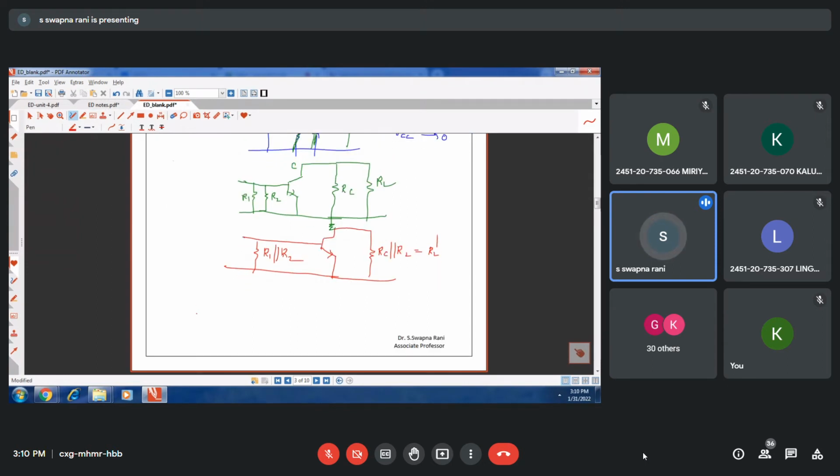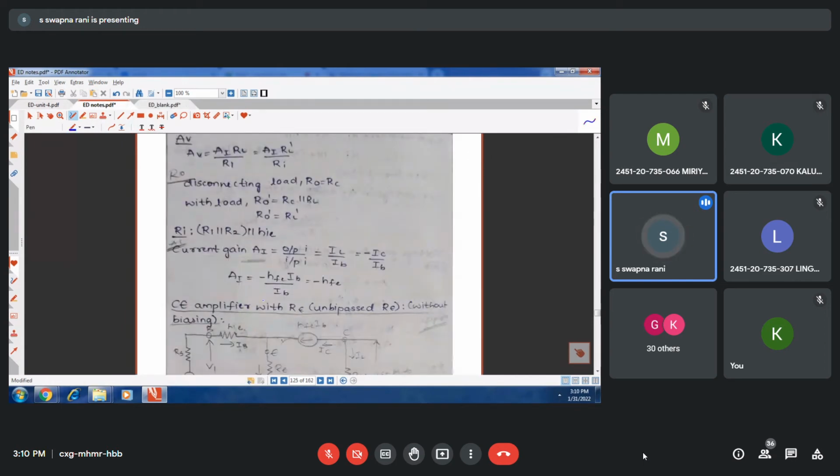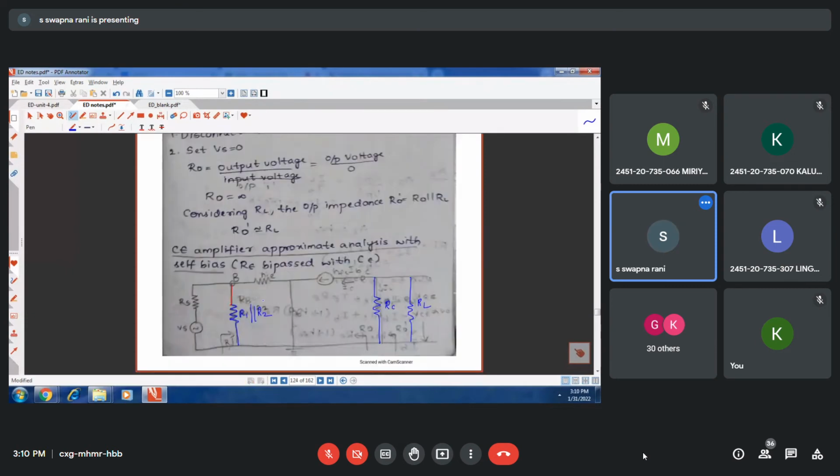Now I will show you this. After drawing the approximate model, see here, this entire circuit is the approximate model, and we just added this resistor RB in the input and the extra resistor RC in the output.